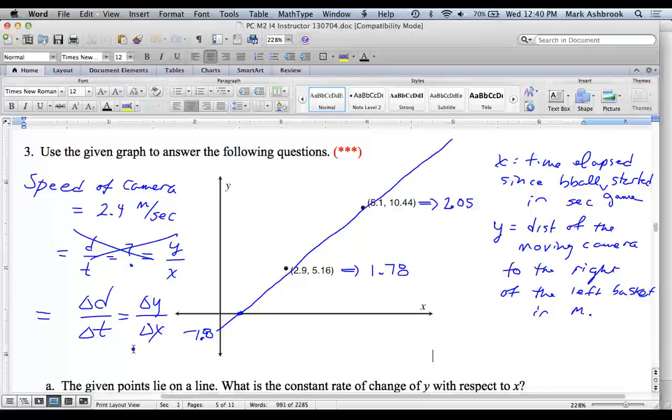So just be careful saying that speed is distance over time, because here's an example where I'm dividing distance by time, and I'm not getting the speed of the camera. You see? The change in distance over the change in time, that's our constant rate in this case. That's our speed. Make sense? Any questions?